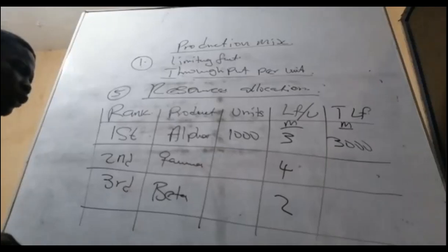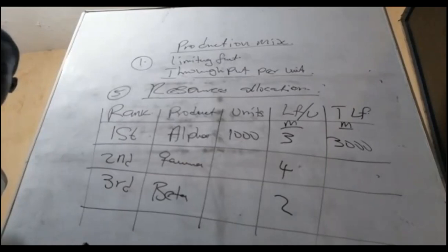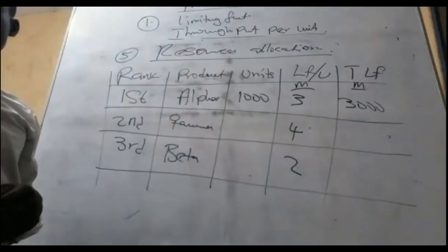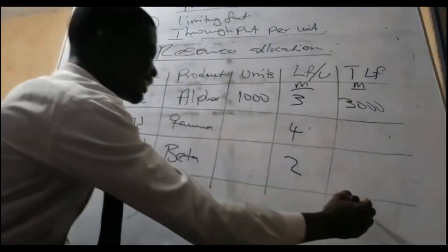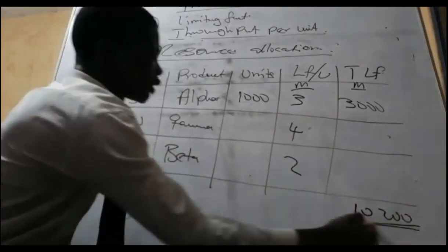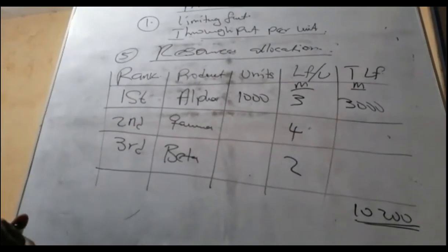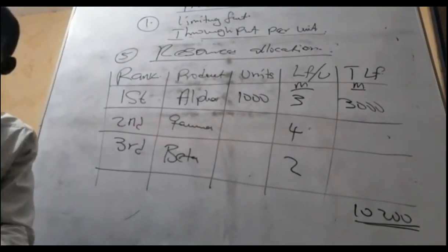Now let's go to gamma. And don't forget that the overall total is 10,200. So we cannot exceed 10,200 minutes. We should bear that in mind as we are moving, we are checking.